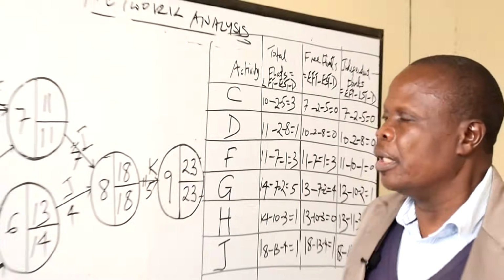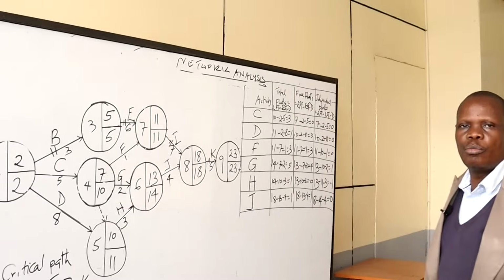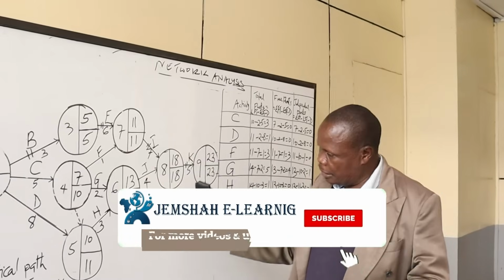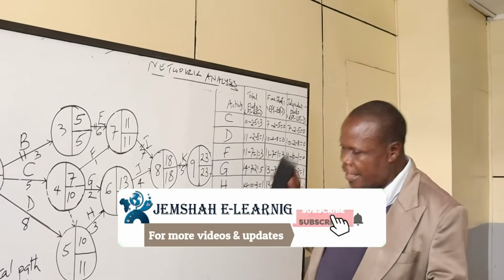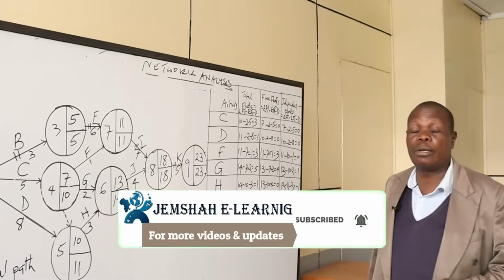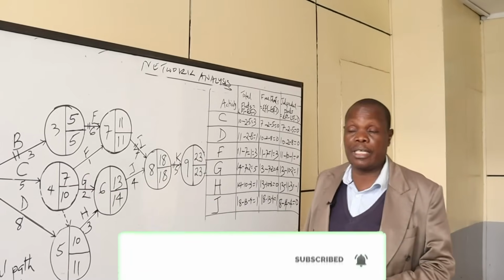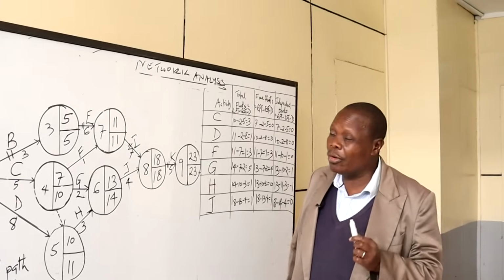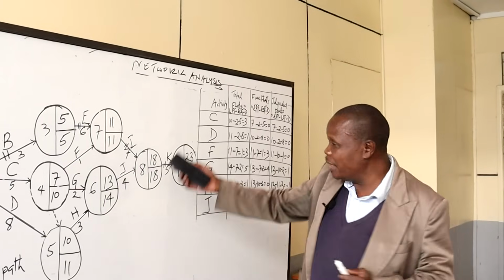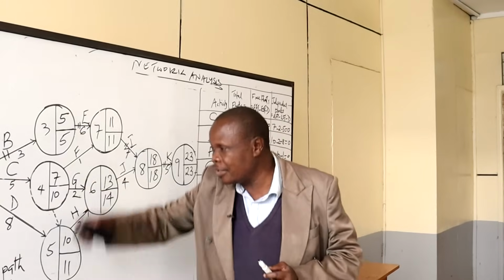Now, viewers, we want to move to the next. This is the critical path. I said that there are 2 methods which are used in the construction of a network when durations are given. One is the critical path method, where you are told activity A takes 2 days, activity B takes 3 days, and so on.